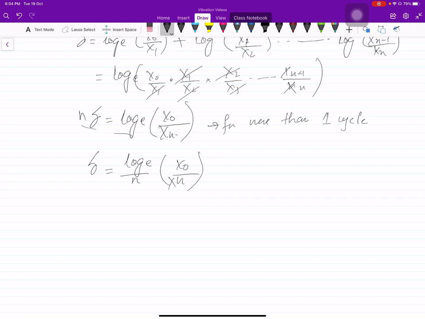This is the final equation that we have to use if we want to calculate for more than one cycle. So this is the final equation.